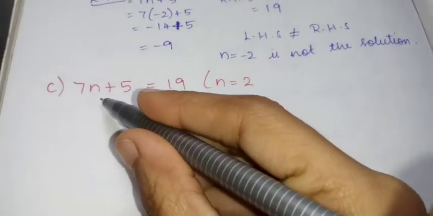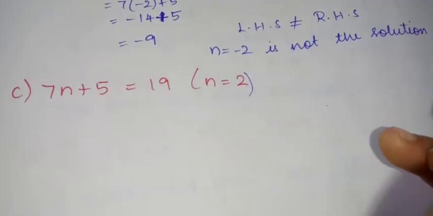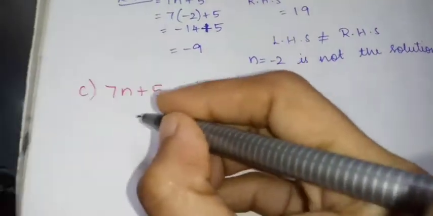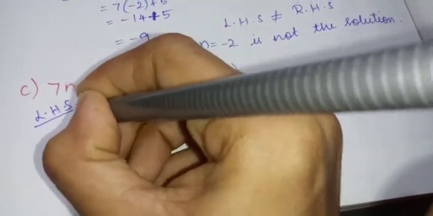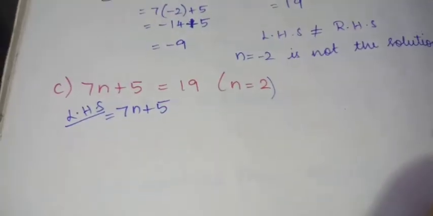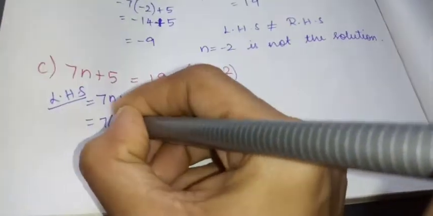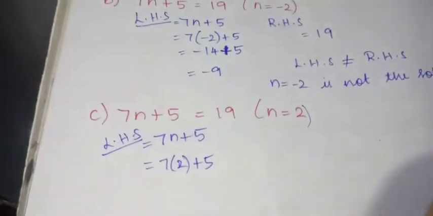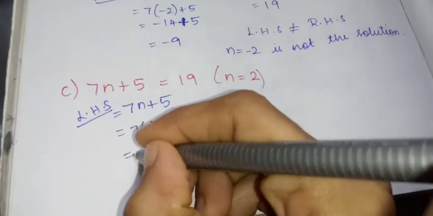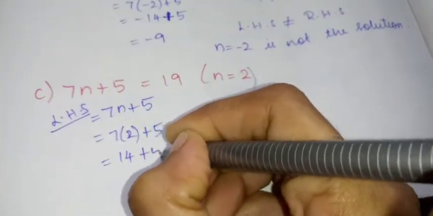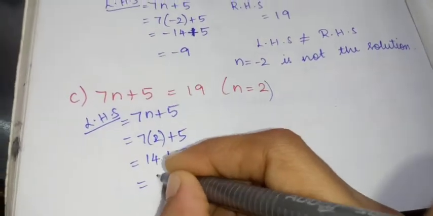Next, 7n plus 5 equal to 19, where n is equal to 2. We are substituting in the LHS. What is LHS? 7n plus 5. What is the LHS value, children? 7 into 2 plus 5. 7 2s are 14 plus 5. 14 plus 5 is 19.